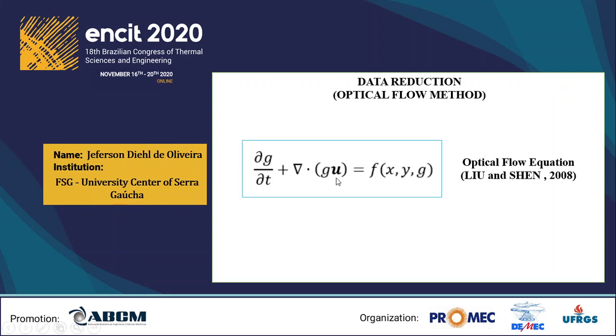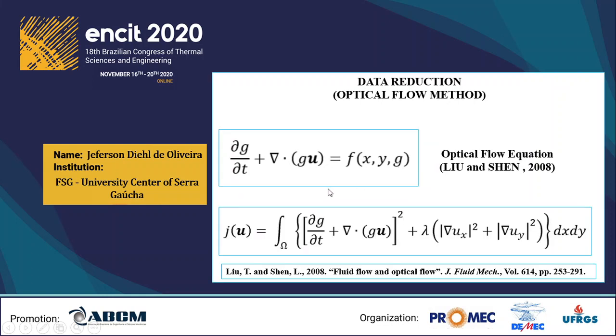In this case it is the velocity vector that we have, with Ux and Uy, and V, F of X, Y, and G represents the boundary and diffusion term.